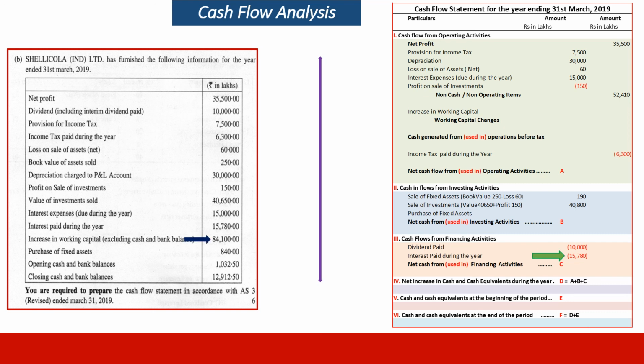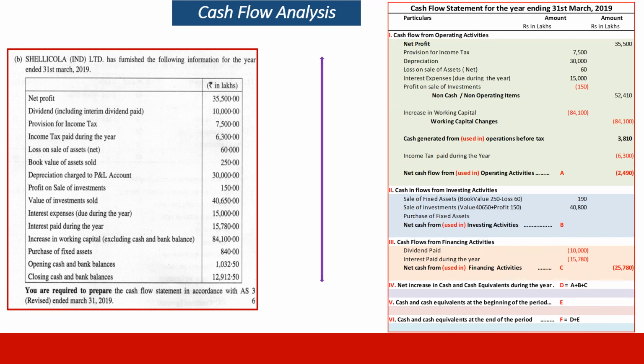And thereafter we come to increase in working capital, a single item that has to go to the proper head. Increase in working capital 84,100, and here we strike the subtotals because that covers most of the items of operating activities.